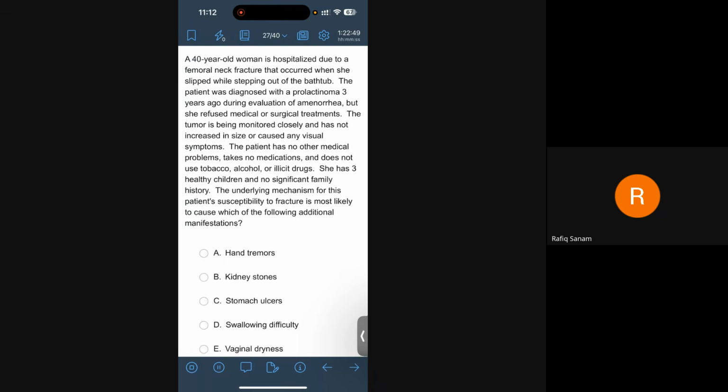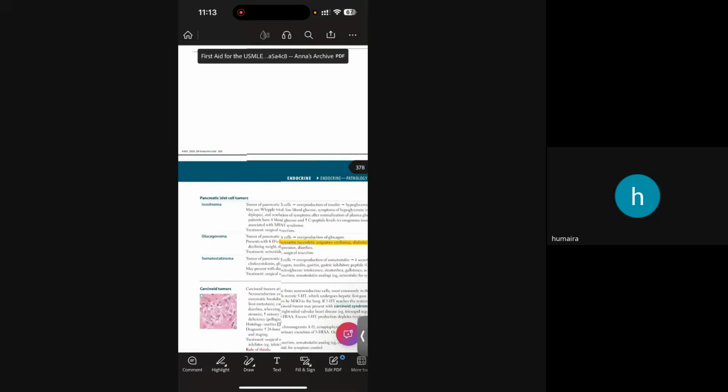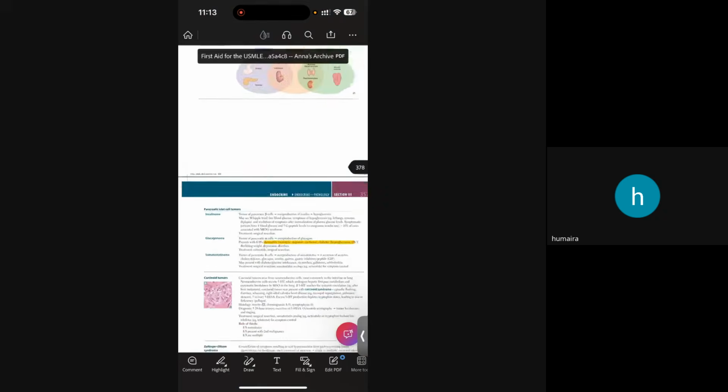What happens in prolactinoma that increases the susceptibility of the patient to fracture? Amenorrhea occurs in prolactinoma, and there is deficiency of the gonadotropins.